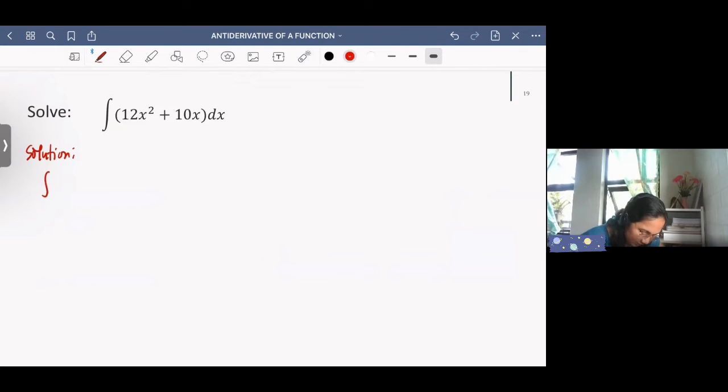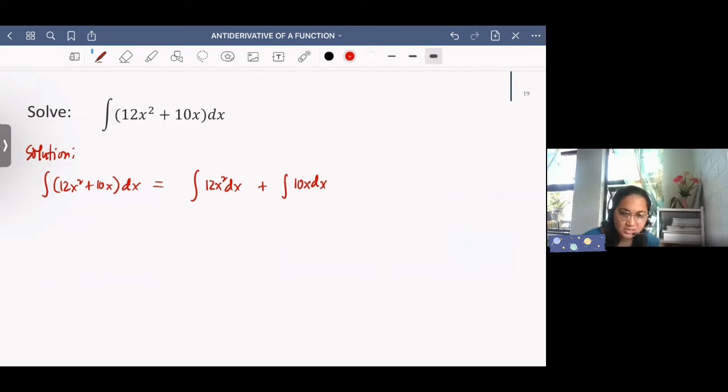We have the integral of 12x squared plus 10x dx. First, we are going to apply the sum rule for 12x squared plus 10x. So this will be the integral of 12x squared dx plus the integral of 10x dx. Again, don't forget to include dx for every term if you are going to apply the sum and or difference rule.